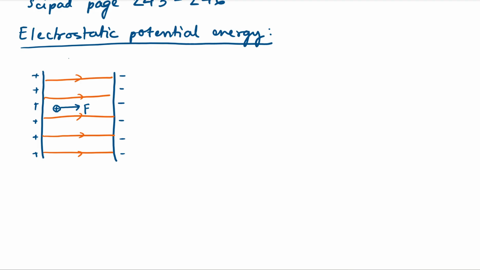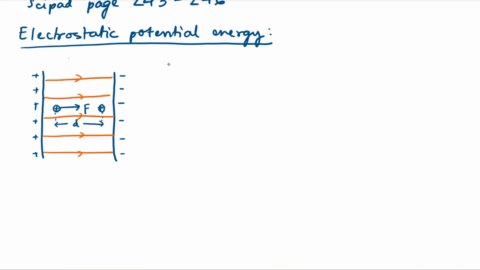So if the particle moves from this point all the way to here and it travels a distance d, the force will do some work moving it in this direction, and the amount of work done will be equal to the change in the electrostatic potential energy.